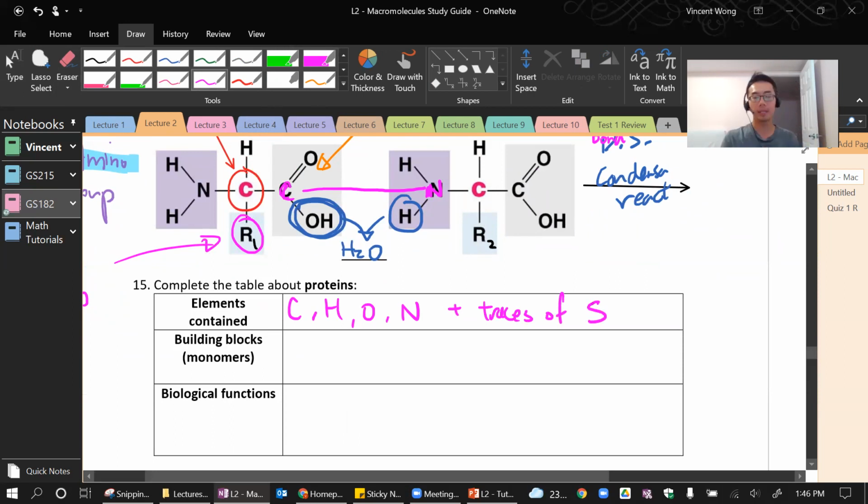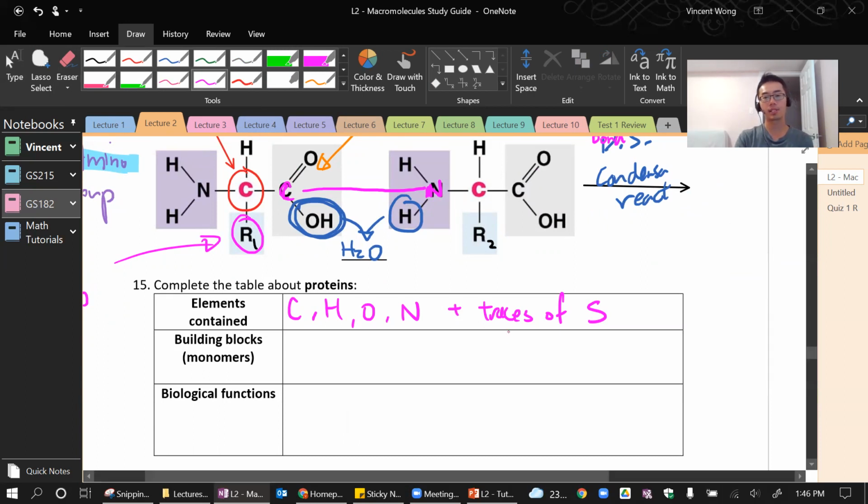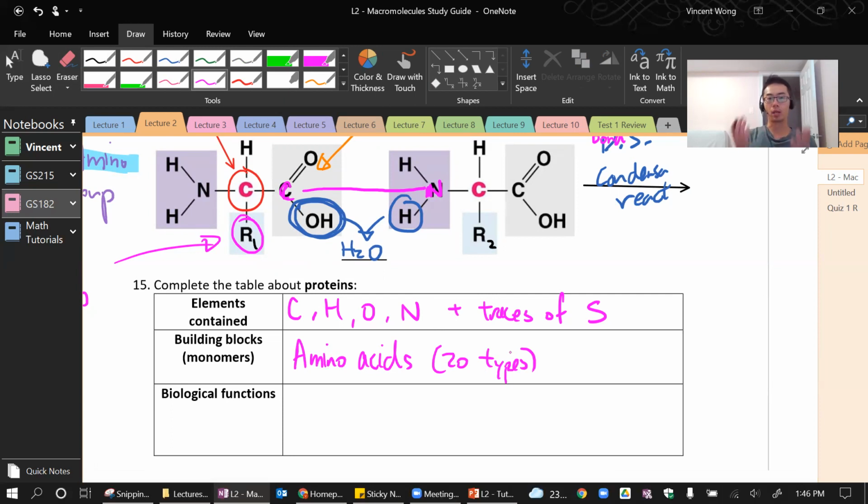Of the 20 amino acids, there is one called cysteine that has a little bit of sulfur in it, but for the most part, it's just C, H, O, and N. Building blocks: amino acids. There are 20 types. Most you can make yourself, 12 of them. The other 8 you have to obtain through diet, so we call them essential amino acids.